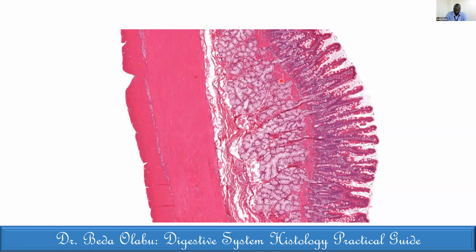But at this magnification, we're able to pick something. So this is a section of the wall. The lumen is this side, and this side is the outside. This is a segment of the small intestine.